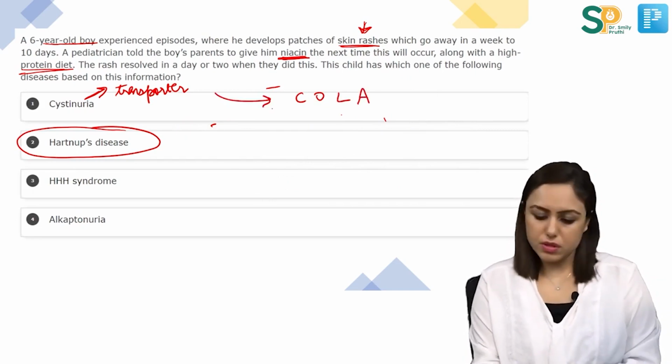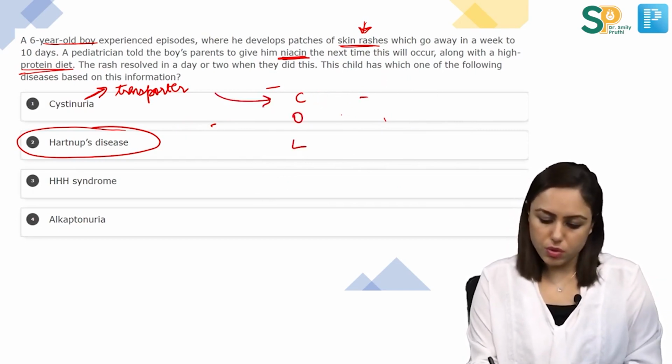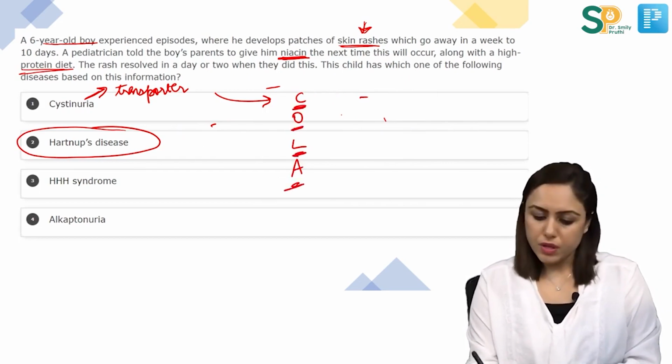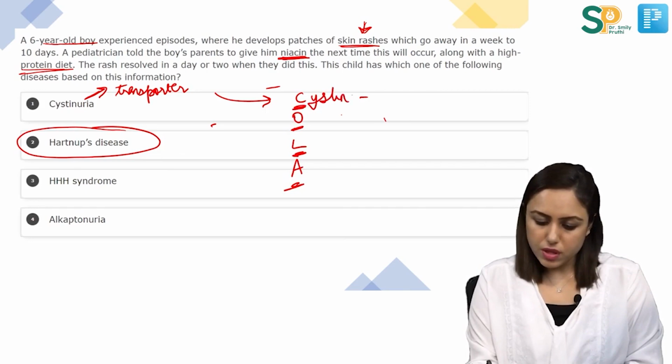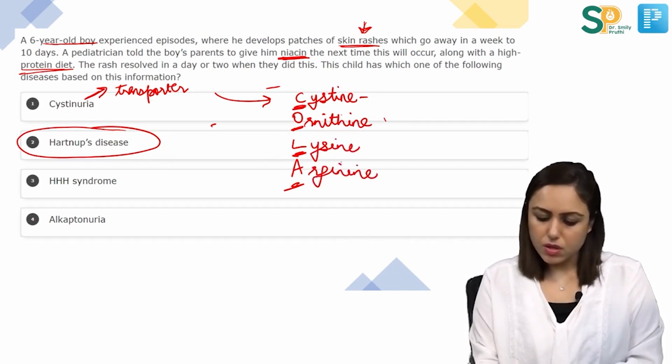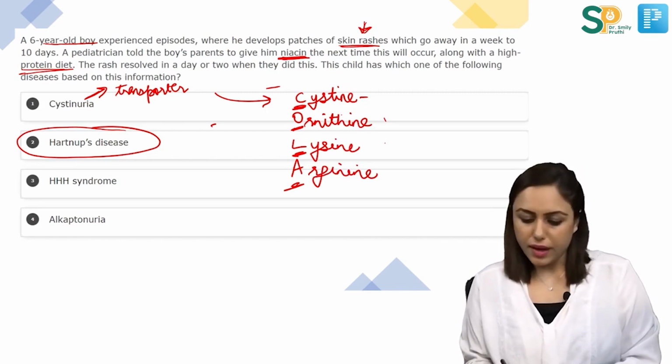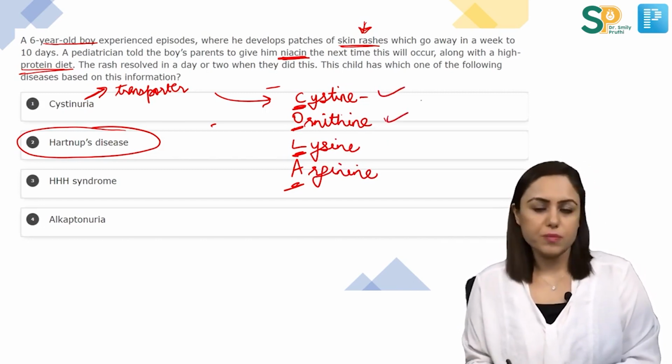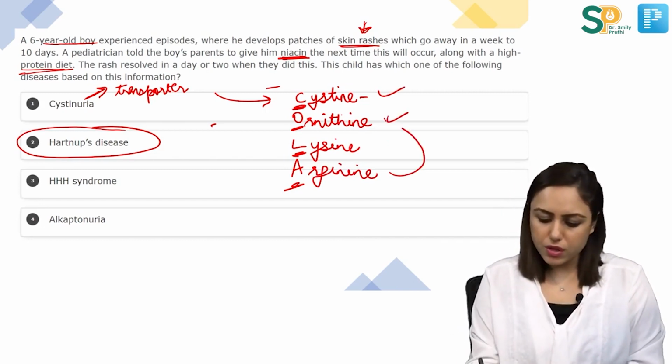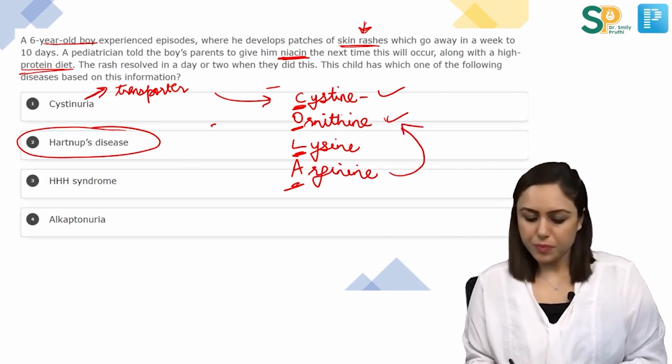These 4 amino acids, C-O-L-A, will be coming in urine. C stands for cystine, O for ornithine, L is lysine, A is arginine. So basic amino acids and cystine and ornithine, okay? Because arginine can make ornithine.